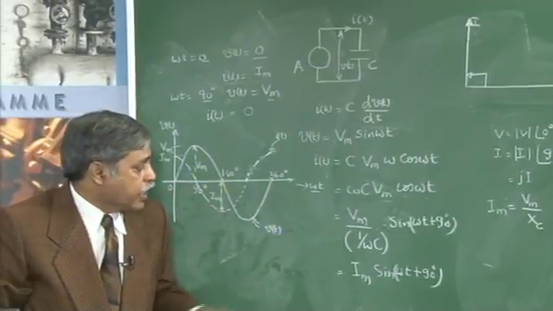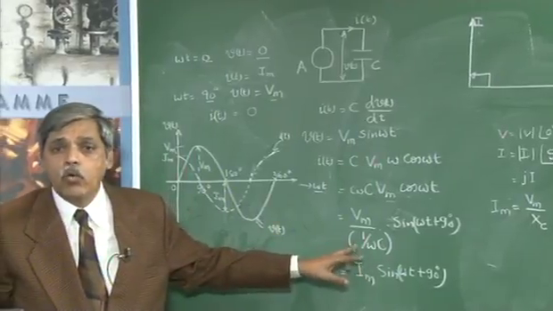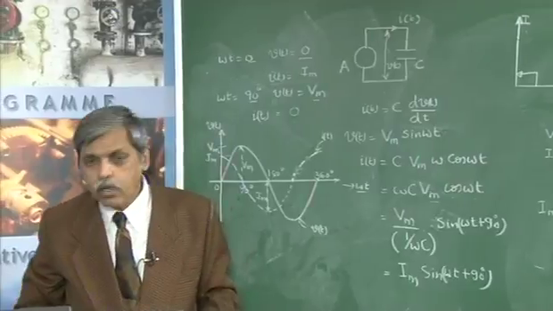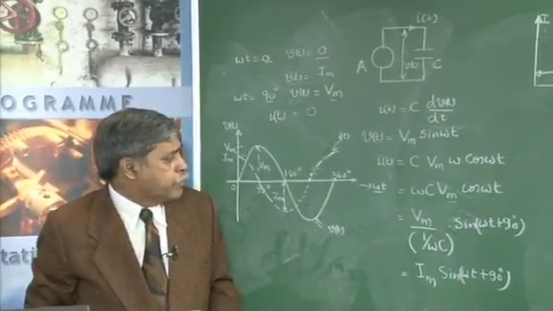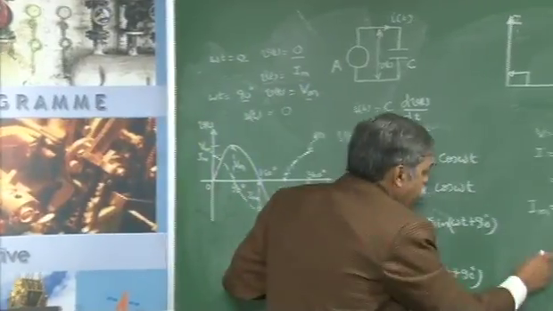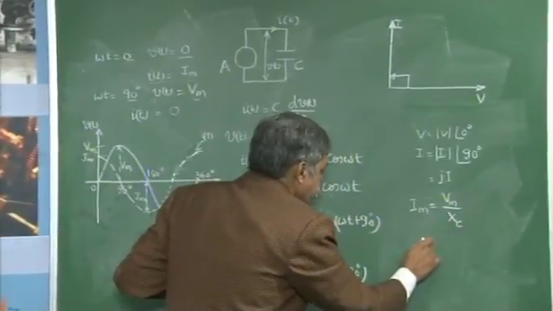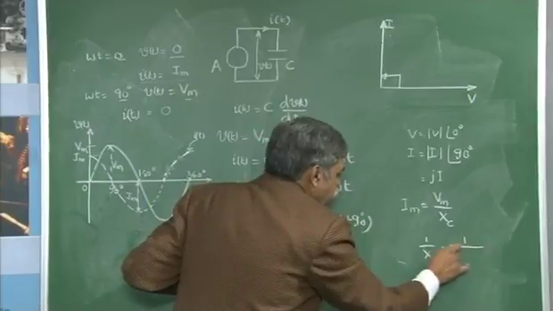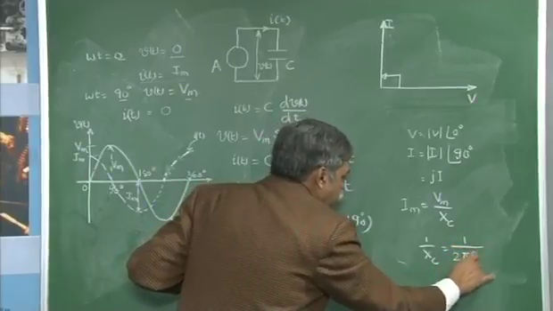So Xc is 1 over omega c, which has the expression 1 over 2 pi f c.